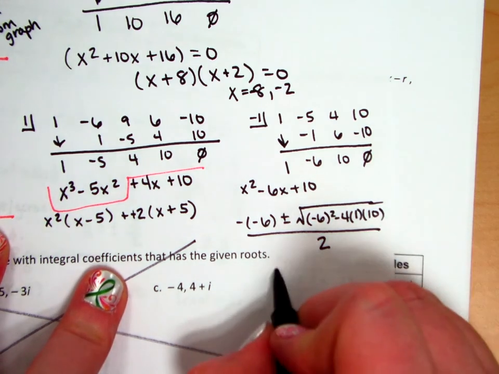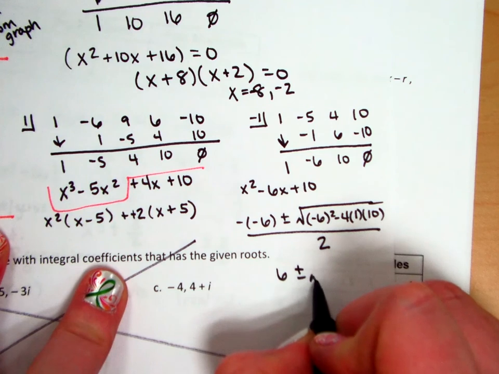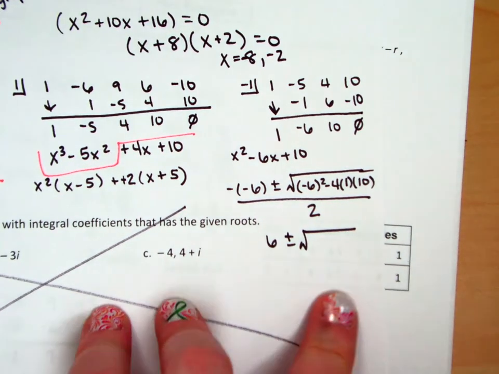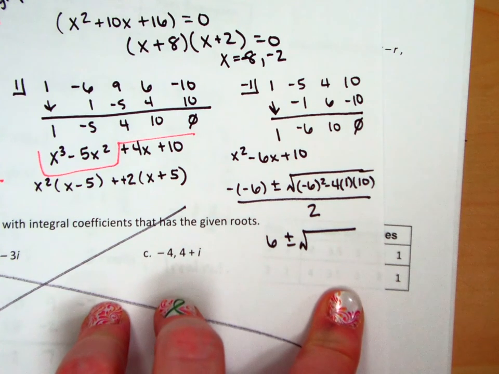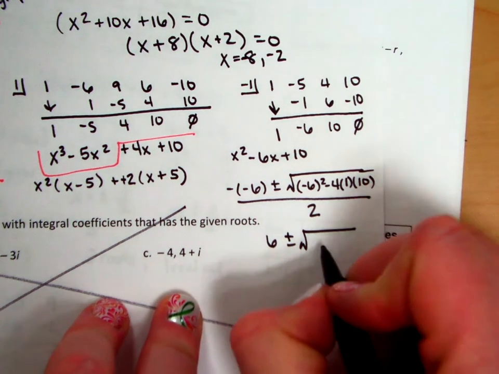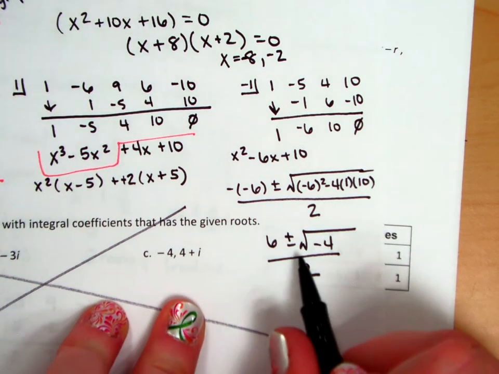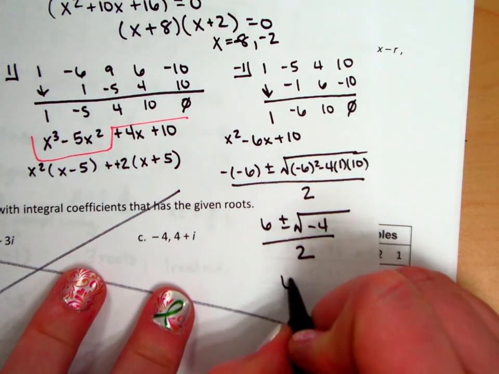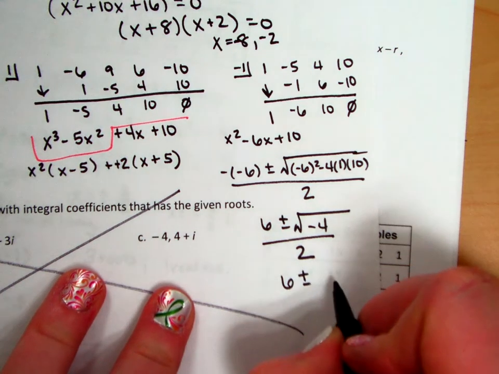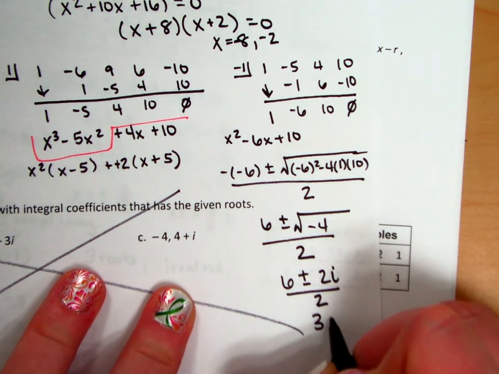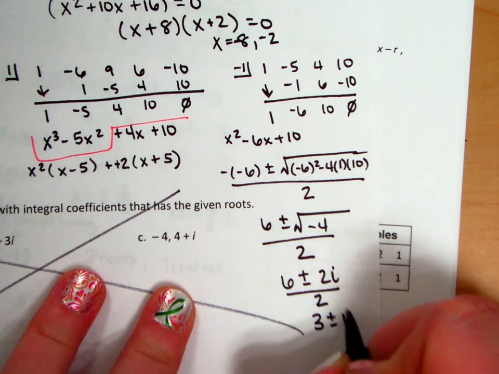So you get 6 plus or minus the square root of, this is why I couldn't factor by grouping. Ugh, makes me mad. 36 minus, I want to say it's 40. It's 40. -4, all divisible by 2. 6 plus or minus, so this becomes 6 plus or minus 2i, divisible by 2, which gives me 3 plus or minus i.